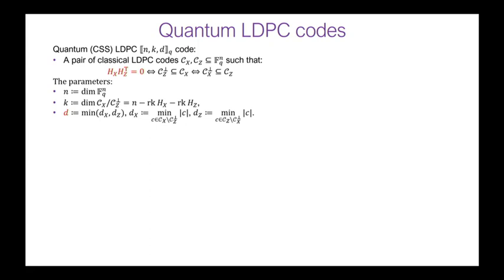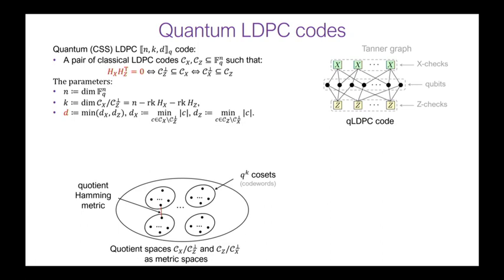For the minimum distance, instead of one, we have two minimum distances, and we choose the minimum of them. We can also represent a quantum LDPC code as a kind of Tanner graph, but instead of two parts, we have three parts. Two correspond to X and Z checks, and the middle one corresponds to qubits.